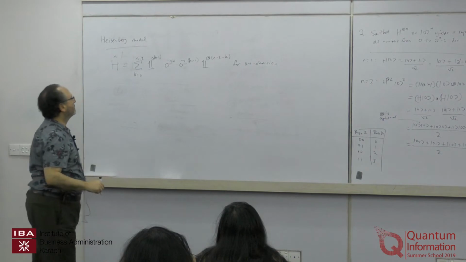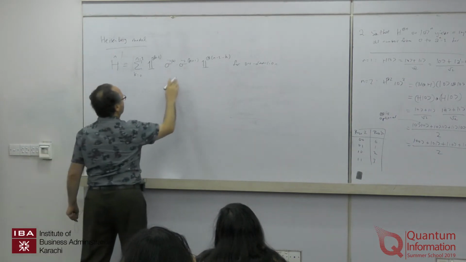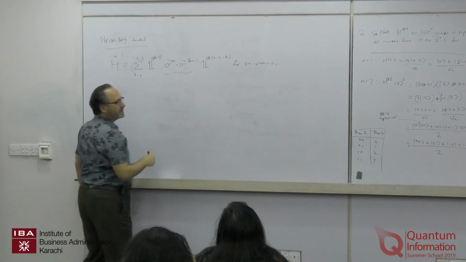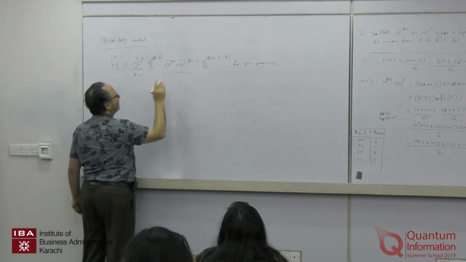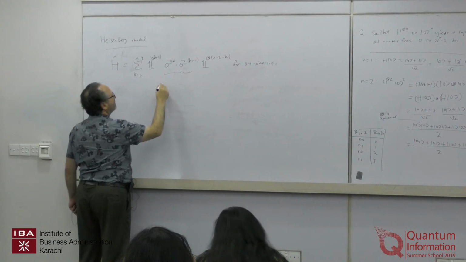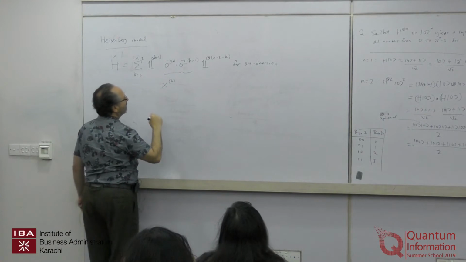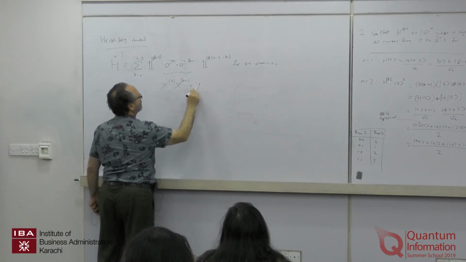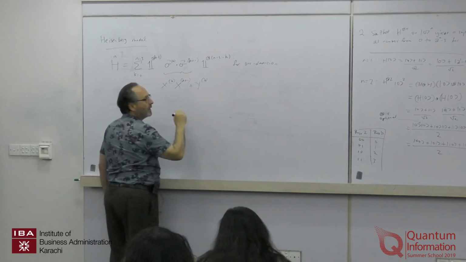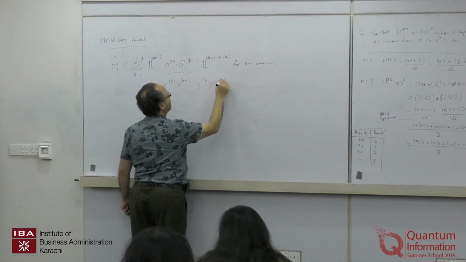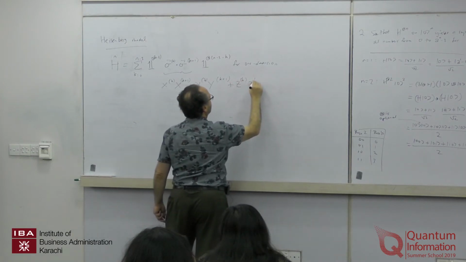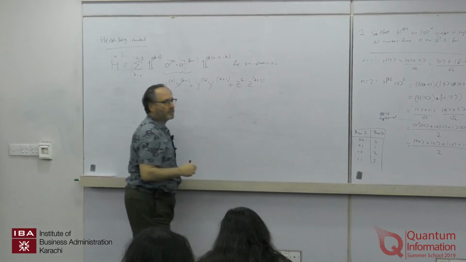So that was for one dimension. So let me explain each thing. This is equivalent to writing, for this one we have x, so it's x for the kth qubit. I'll draw a picture. X k plus 1 plus y k plus 1 plus z k plus 1.